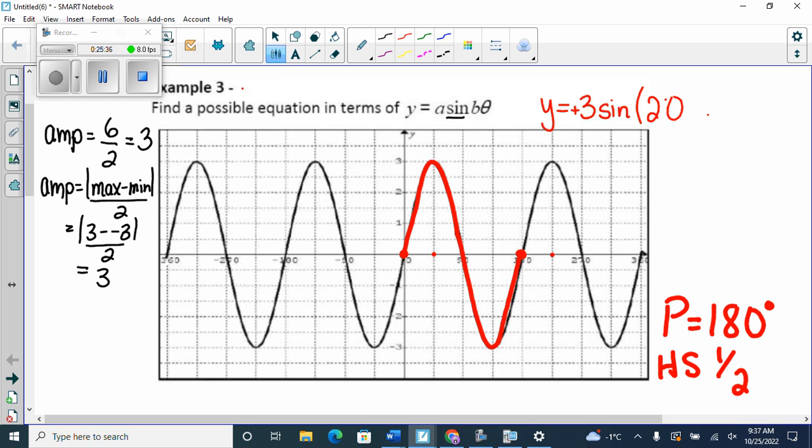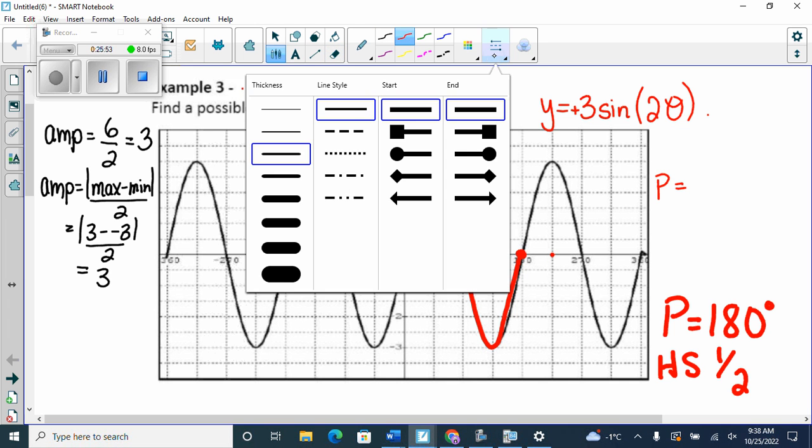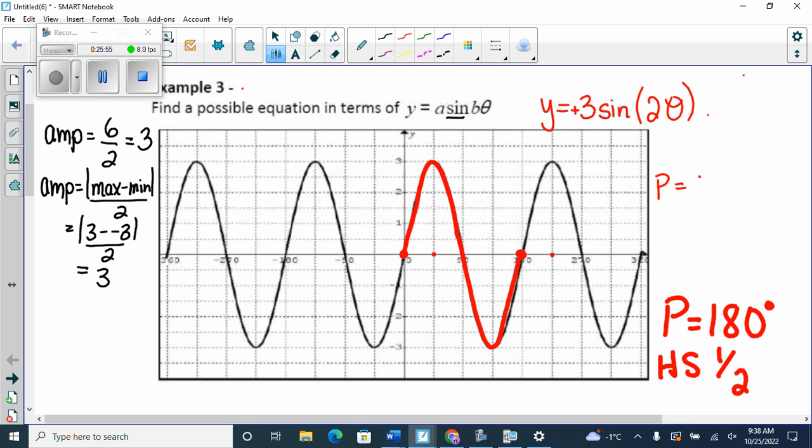We can do it that way, or we can use the formula. The formula is P equals 360 degrees divided by B. But I don't want P, I want B. So I can swap them.